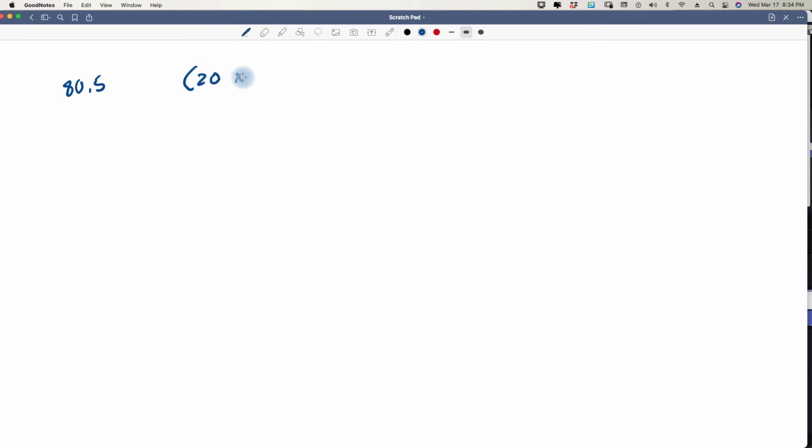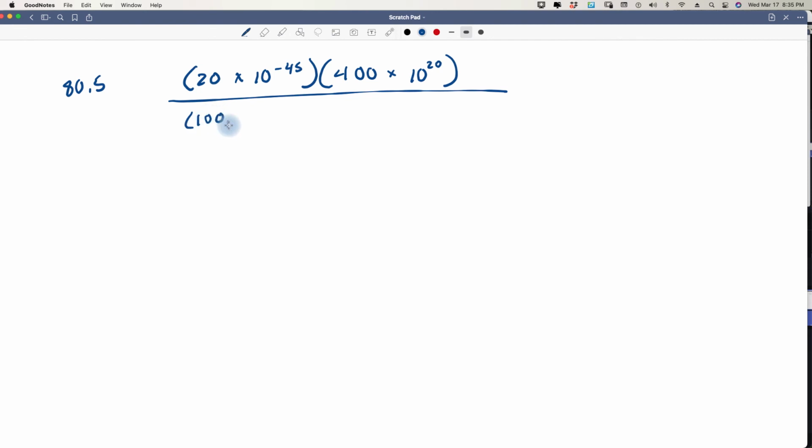So 20 times 10 to the negative 45 and 400 times 10 to the 20, all over 100,000 times 10 to the negative 15.